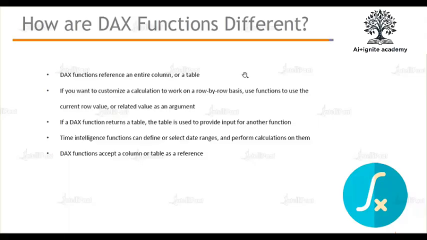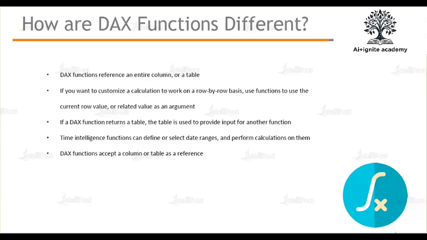Most of the functions return data, and that data could be a scalar value, meaning a single value, or tabular data. Time intelligence functions can be defined to calculate your values based on time travel. For example, you may want to compare YTD sales with last year's YTD sales, or the current month total MTD with last year's month total MTD.